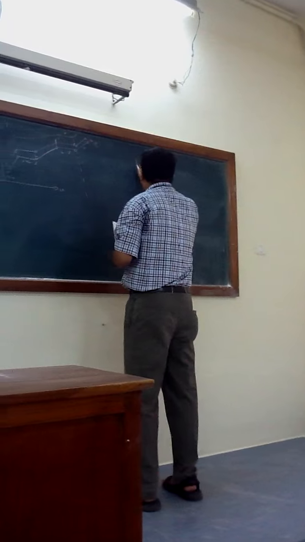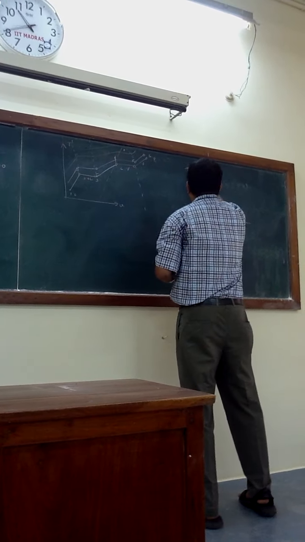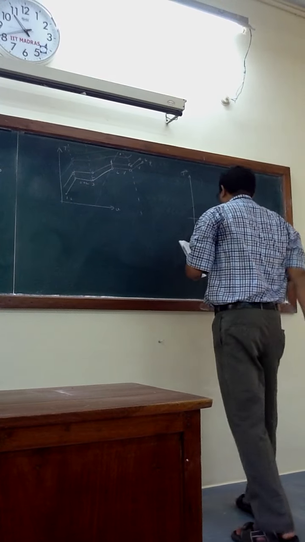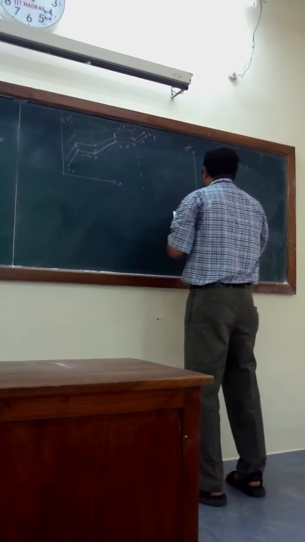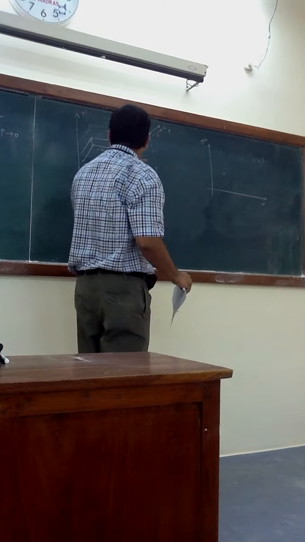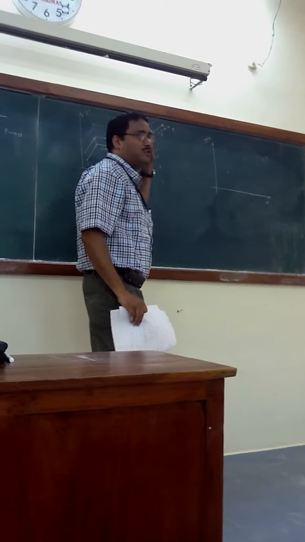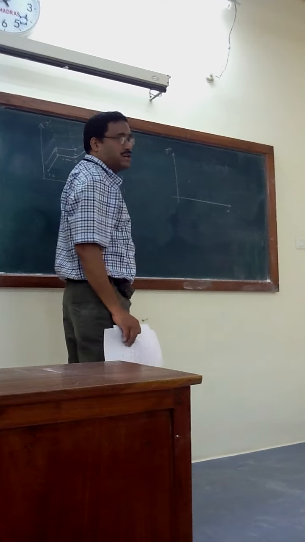So if I want to draw the TV plane in a proper form, what actually happens? This is my liquid point. I am a chemical engineer, I want to talk only up to the liquid point, the last drop of liquid. So you need to have liquid and vapor. The last drop of liquid is here.